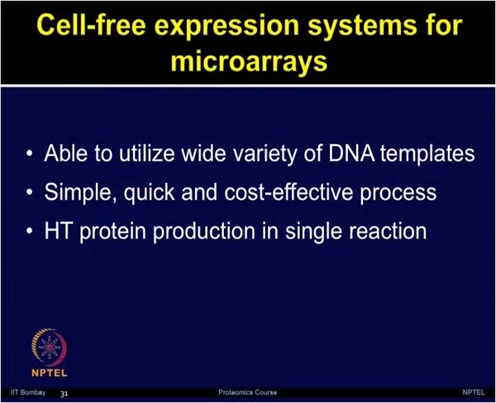This cell-free expression system is a very simple, quick and cost effective process. It provides high throughput protein production in a very short time and in a single reaction. So, all these requirements are very useful for high throughput protein production and for protein microarray generation.